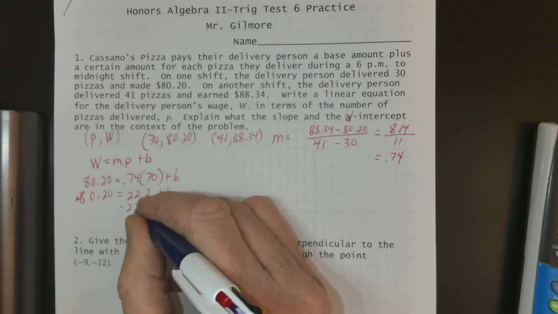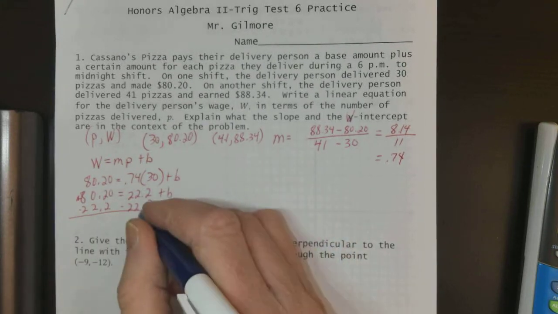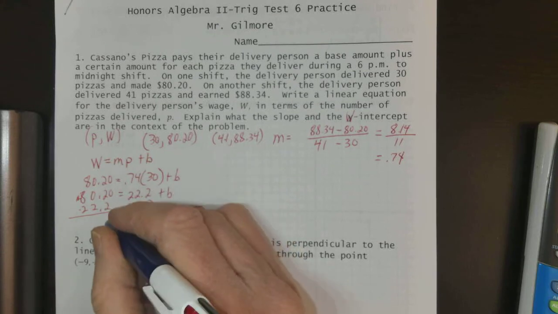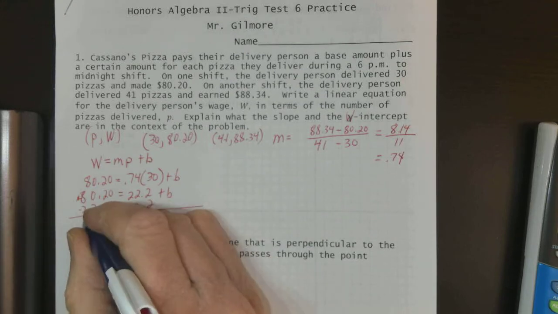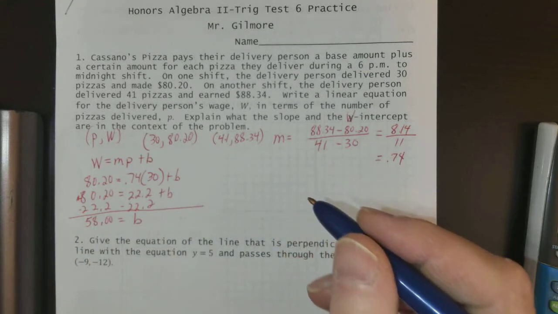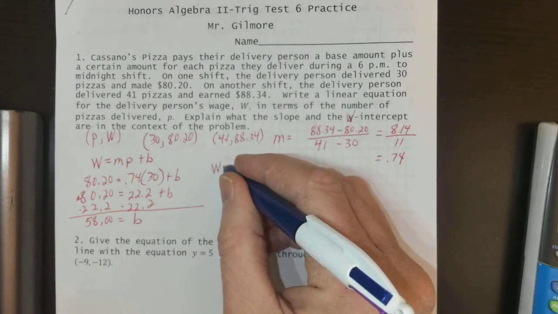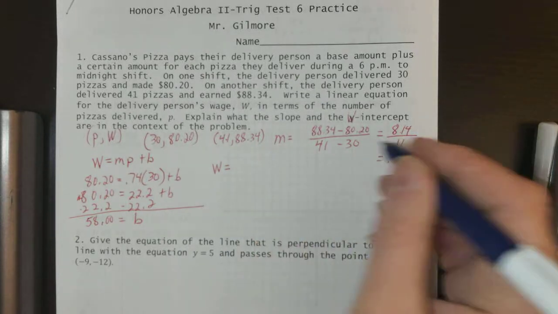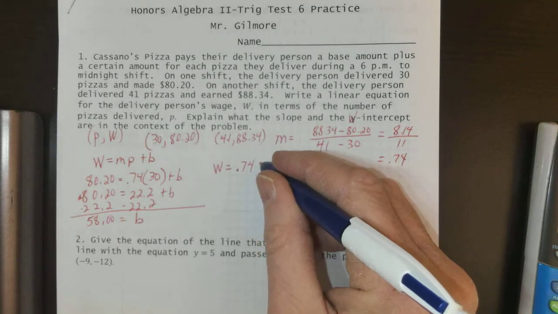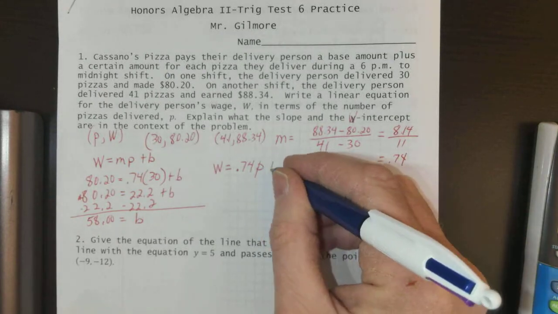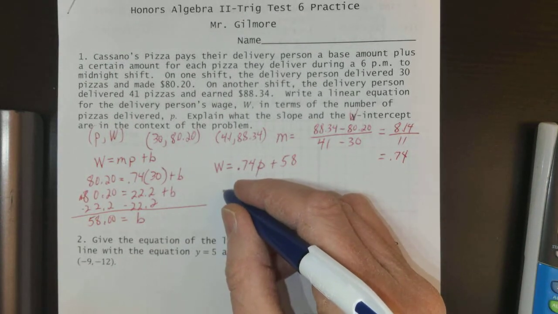And if I subtract the 22.2 from both sides, I'm getting B is like 58. So W equals 0.74 times P plus 58.